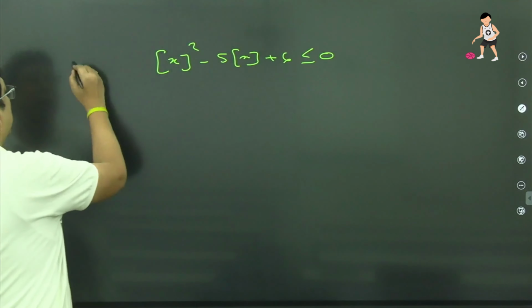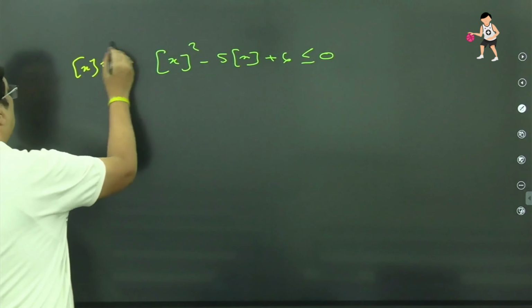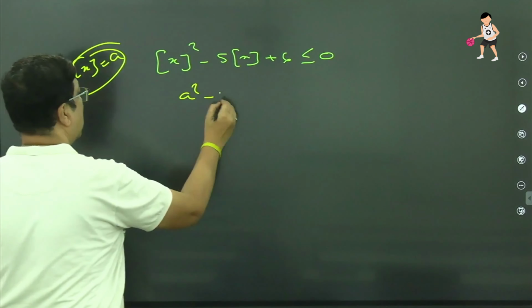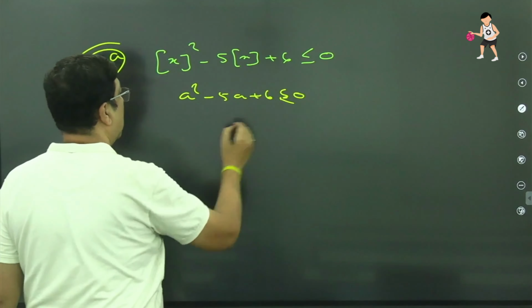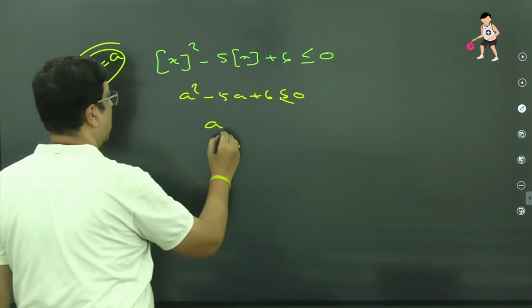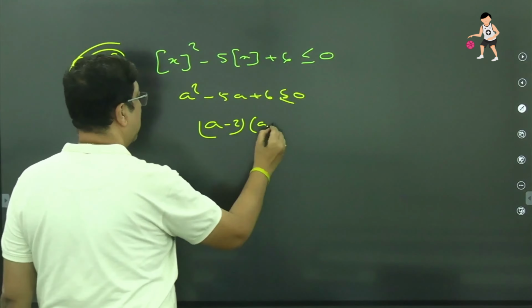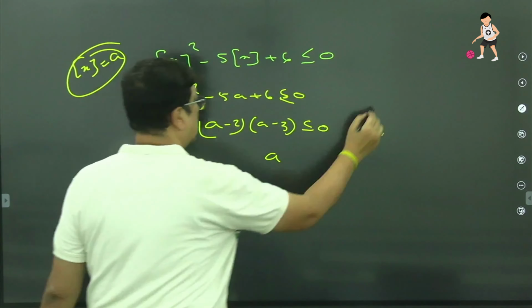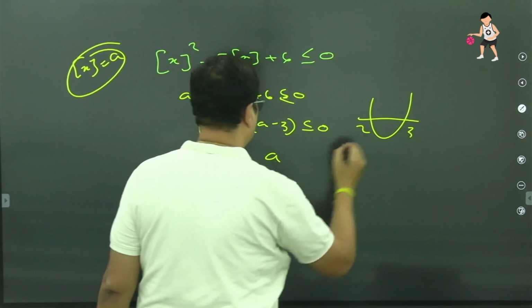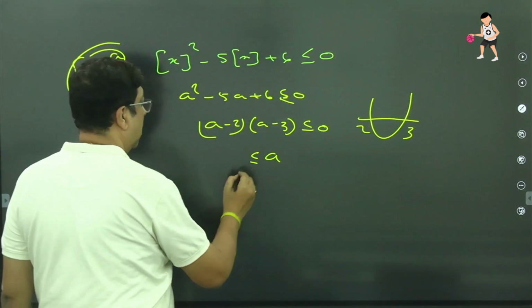First of all, let floor x equal to a. So a square minus 5a plus 6 less than or equal to 0. So a minus 2 into a minus 3 less than or equal to 0. Therefore we can say a belongs to 2 to 3. Okay.